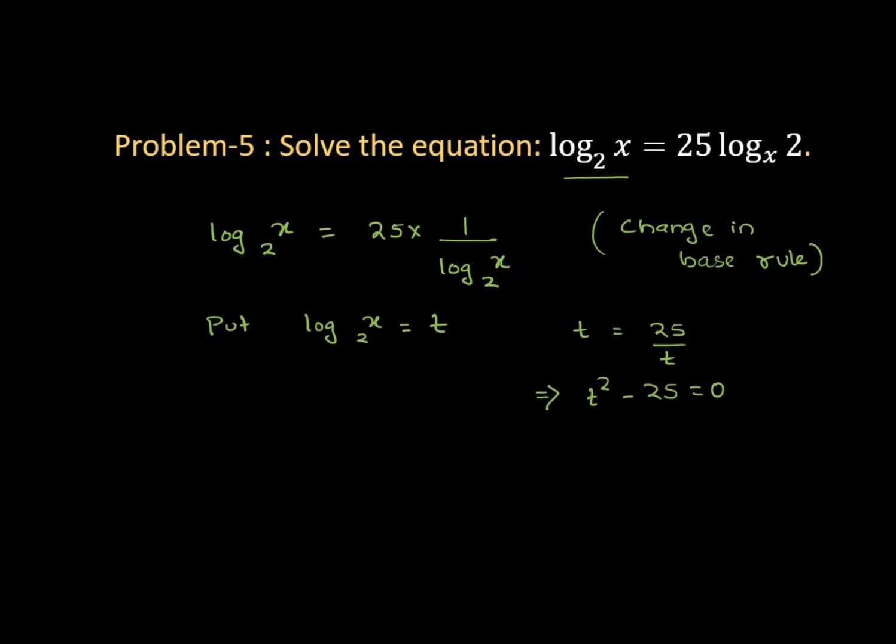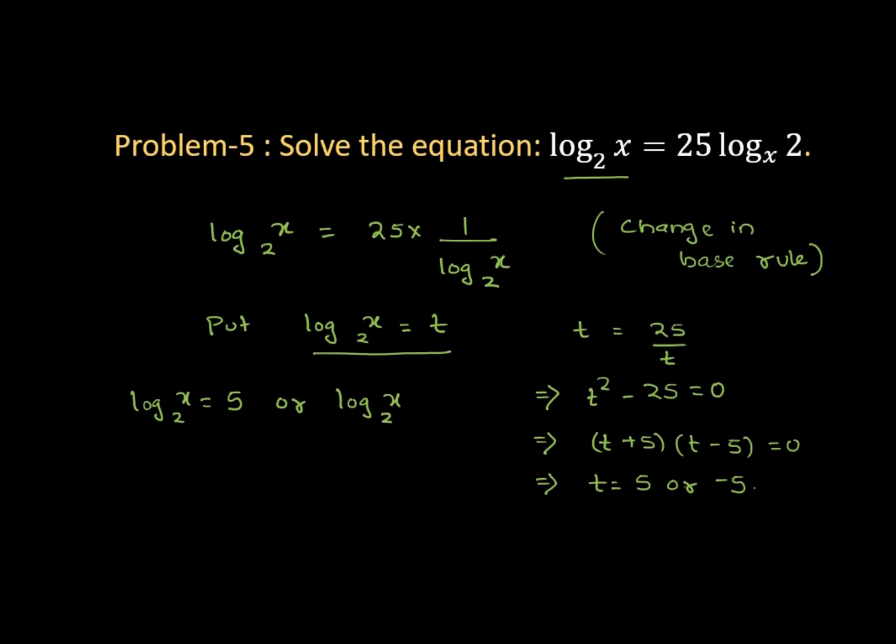And this can be split to t plus 5 times t minus 5 equals 0. So you get t equals 5 or minus 5. Now our t value was log x base 2. So I can write log x base 2 equals 5 or log x base 2 equals minus 5.